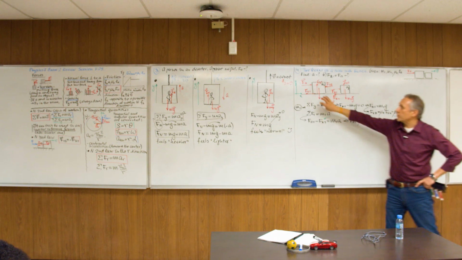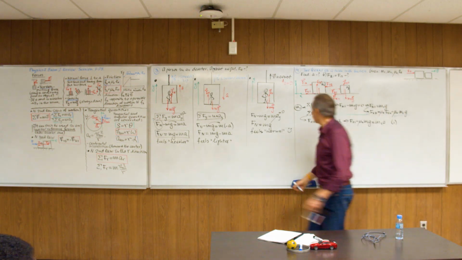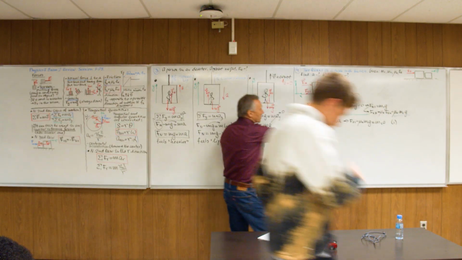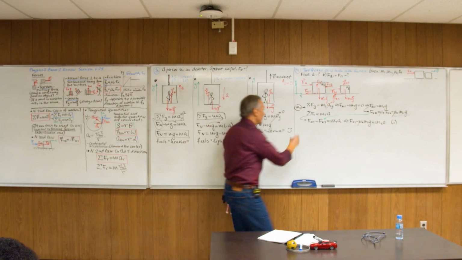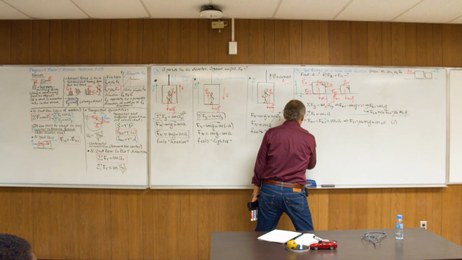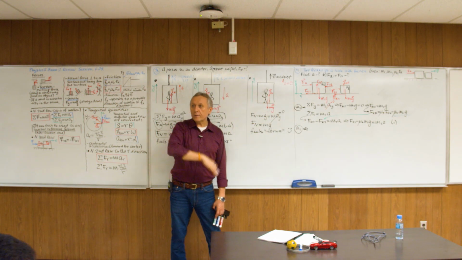Of course, the second equation will come from the first box. So now we have exhausted everything that we can extract from the second box. Now let's do m1. The same: y direction, x direction.